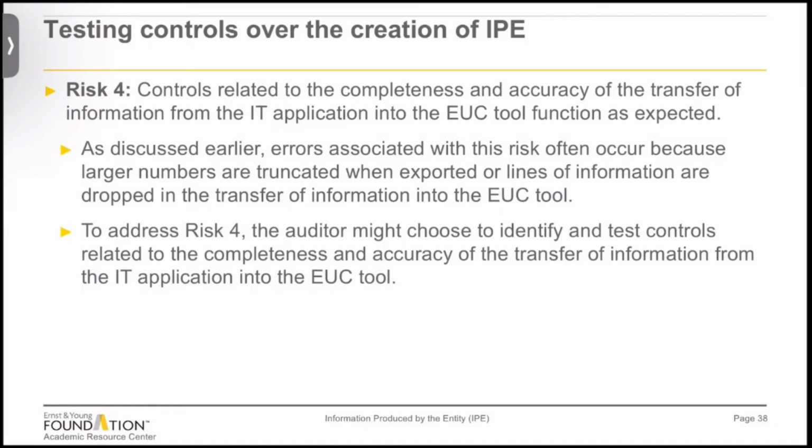Risk 4, controls related to the completeness and accuracy of the transfer of information from the IT application into the EUC tool function as expected. So as discussed earlier, errors associated with this risk often occur because larger numbers are truncated when exported or lines of information are dropped in transfer of information into the EUC tool. So the information is not transferred in full.